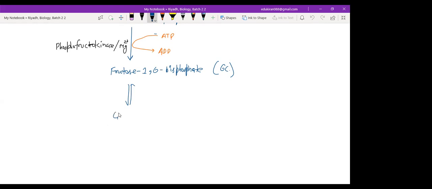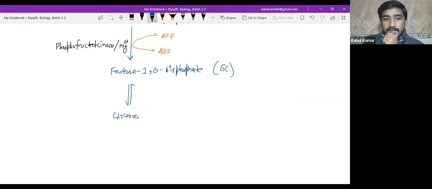G3P. Yes, G3P. That was glyceraldehyde 3-phosphate, correct? Actually, we are converting it into an aldehyde. Do you see now? Fructose 1,6 bisphosphate becomes glyceraldehyde 3-phosphate.